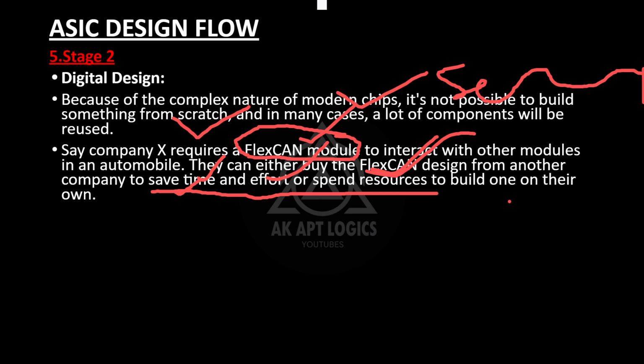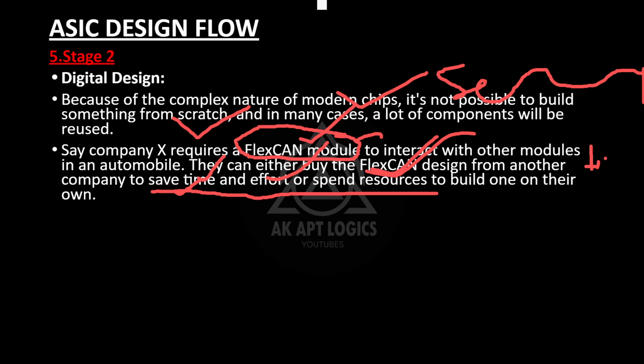But the thing is, the performance will be medium, because we haven't designed the FlexCAN module in full custom. We are using a design which is already available, which may affect our performance. It means the performance will be medium.